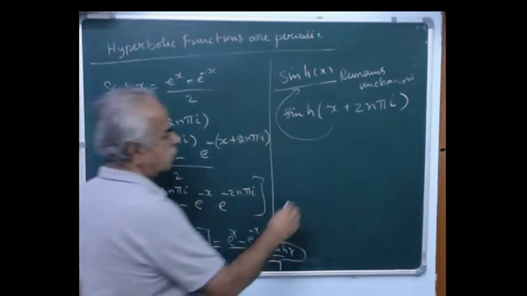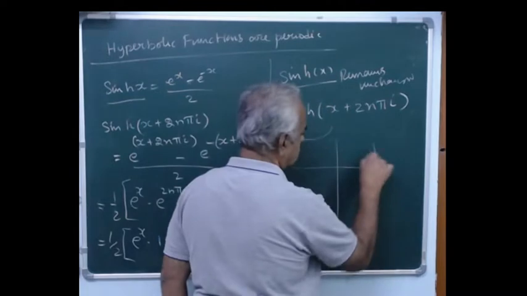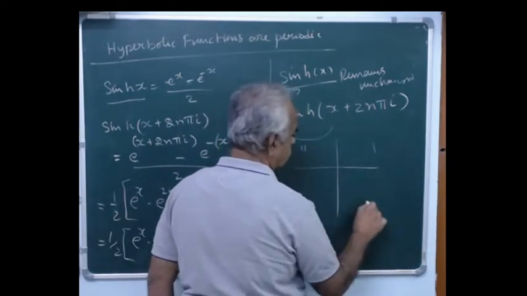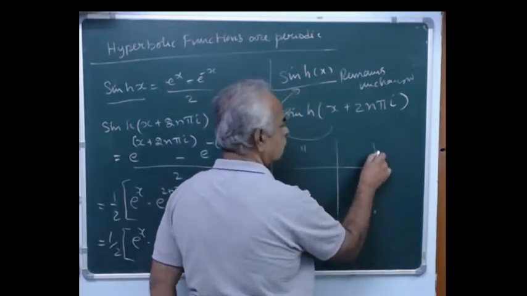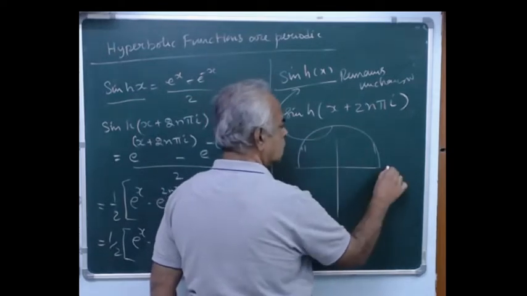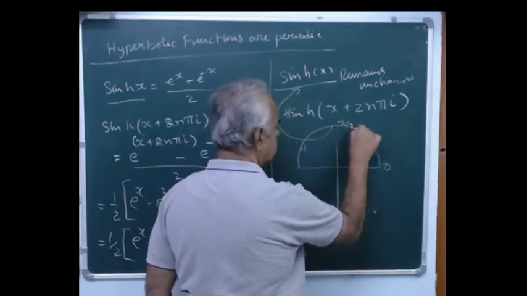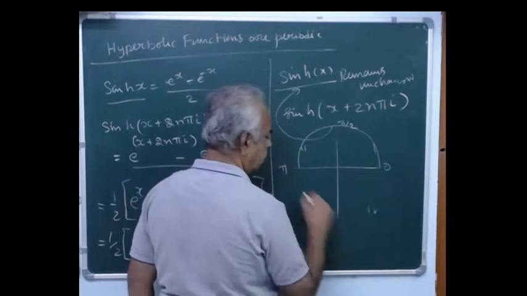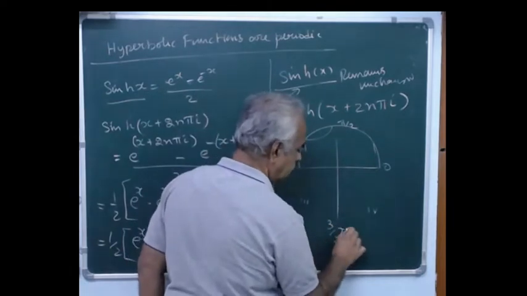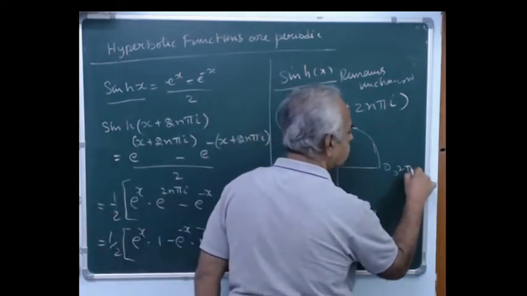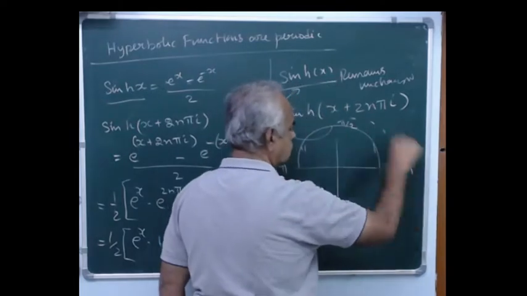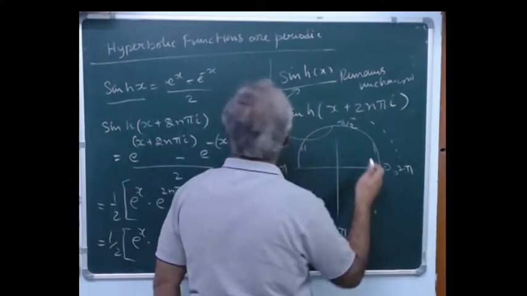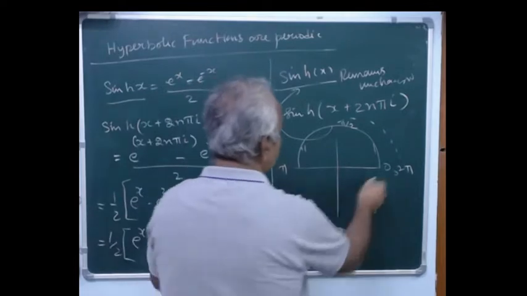For instance, you have the first quadrant, second quadrant, third quadrant, fourth quadrant. Now the circular function goes like this, starting from 0, π/2 and π, 1.5π and 2π, and goes on. So as a circular function, it is going to be periodic.